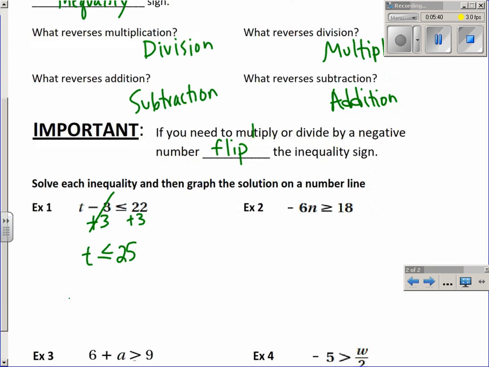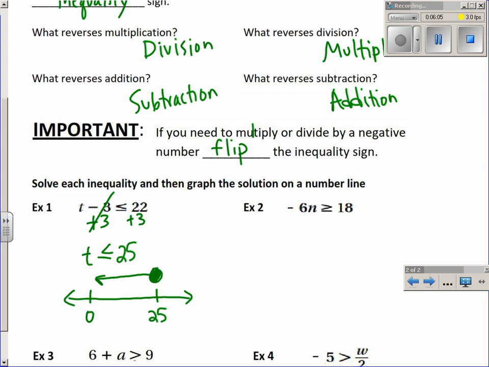And then you want to set up our number line with 0 and 25. We're going to put a circle above 25 and we're going to shade it because the sign is less than or equal to. And all values of t are less than 25, so we're going to draw an arrow going to the left.